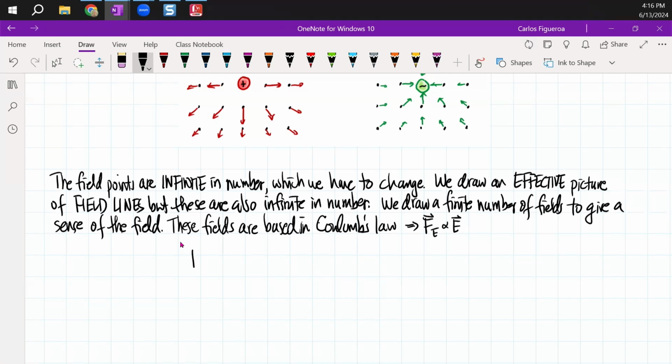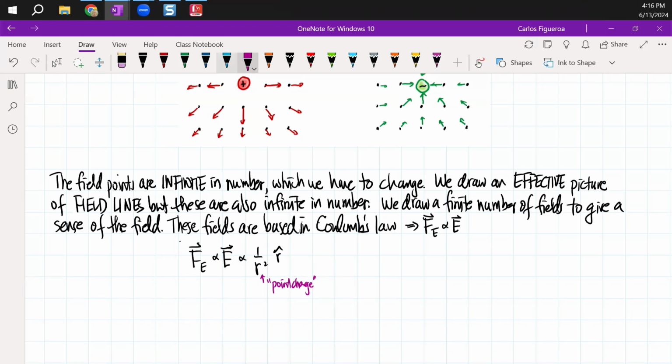And I know that the electric force in this case is proportional to 1 over r squared, and this is r. So note, I can only say this for effectively a point charge.